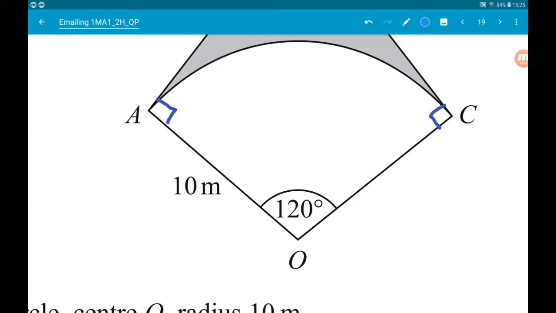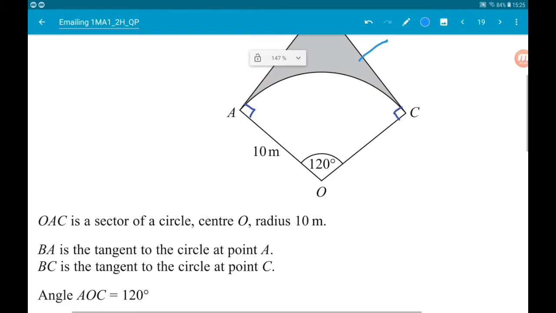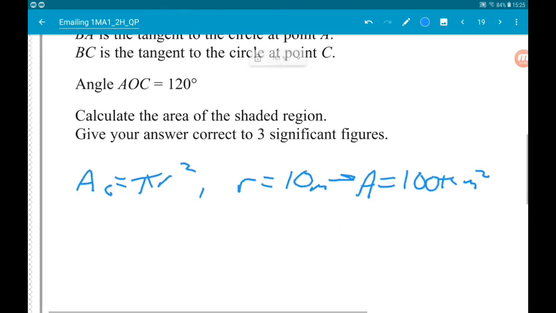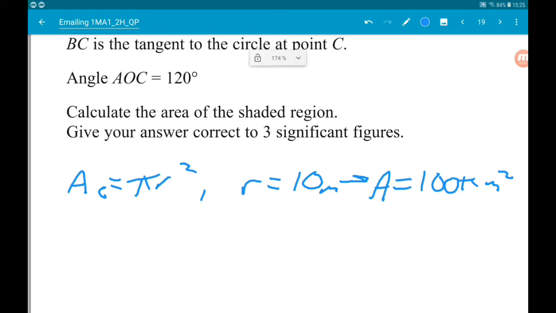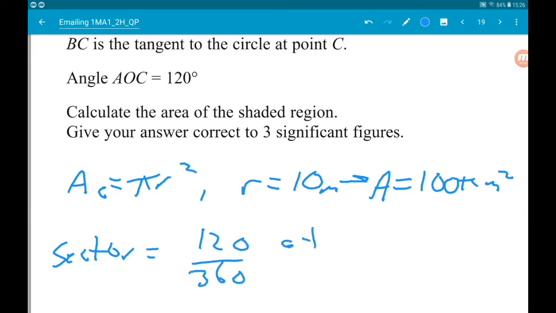So the sector is 120/360 of the circle, which is 1/3.